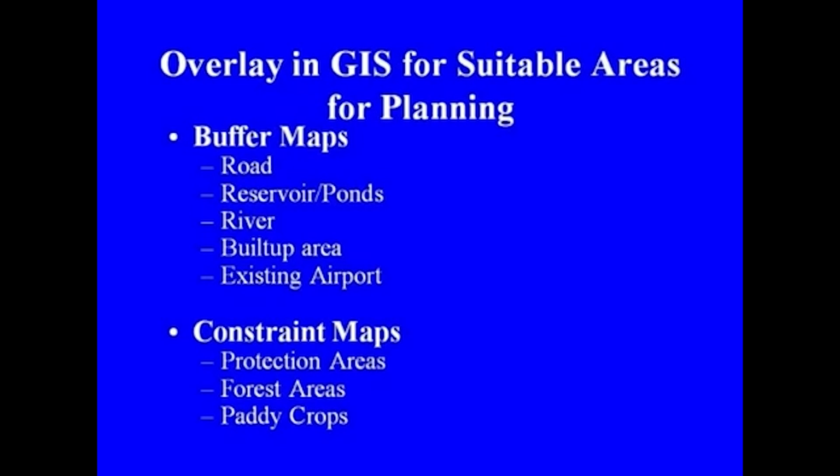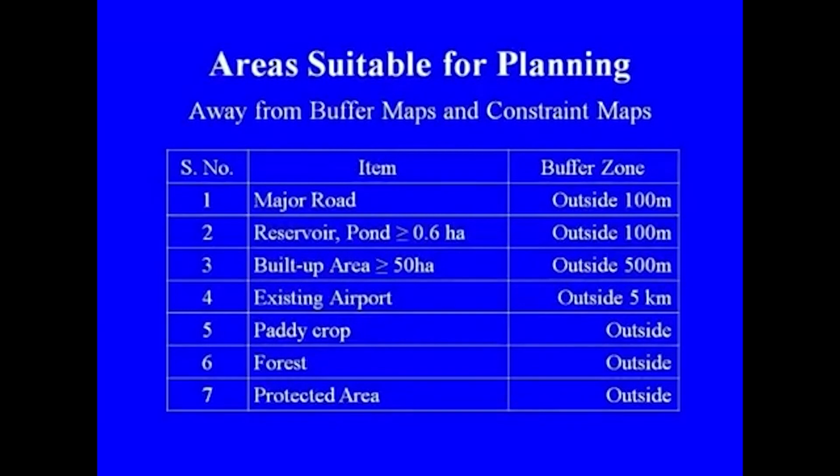Furthermore, there were certain constraint maps like for protection areas, forest areas and paddy crop areas. With this information, the areas which were suitable for planning were identified, that is, the areas should be away from these buffer maps and constraint maps.